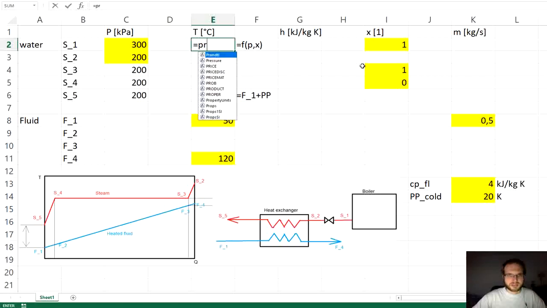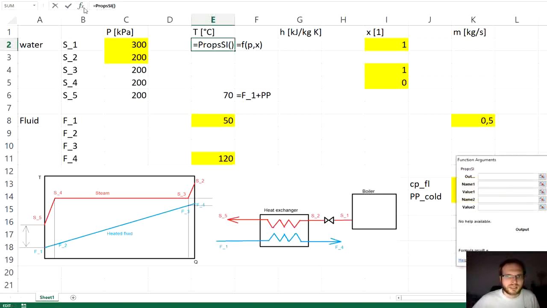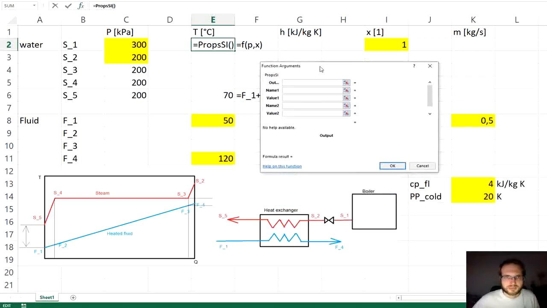We call a function which is called props SI, calling properties based on SI units, and we can click here on the function icon to get all our outputs and inputs.